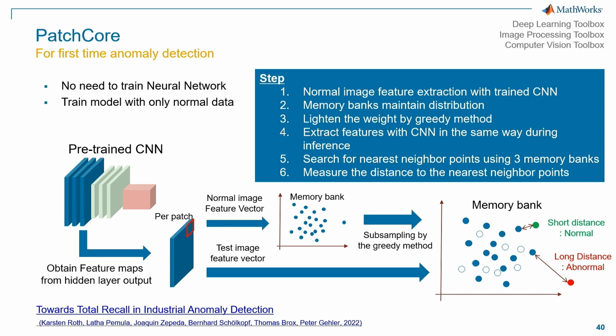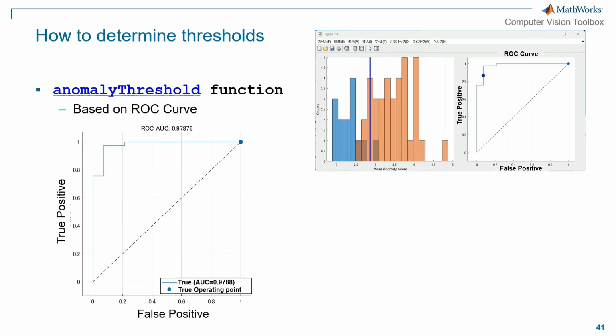You can also train the PatchCore model with only normal data. That's a reliable method that achieves state-of-the-art results at the time of the publication. Many customers already use this very simple one to do the anomaly detection, and the results are very positive. One function we just added is the anomaly threshold function.